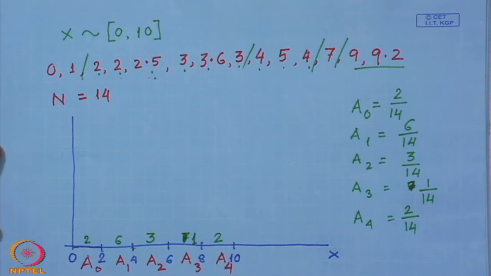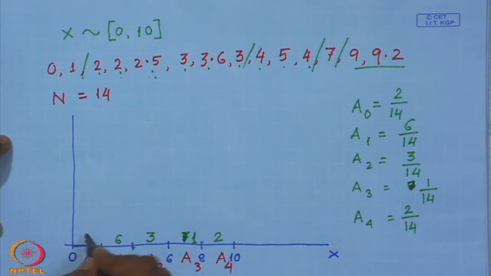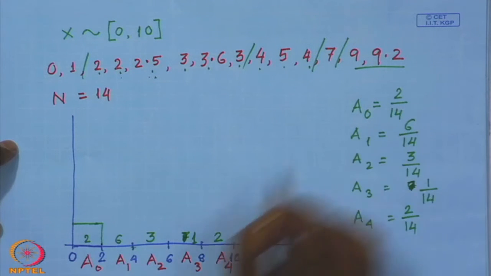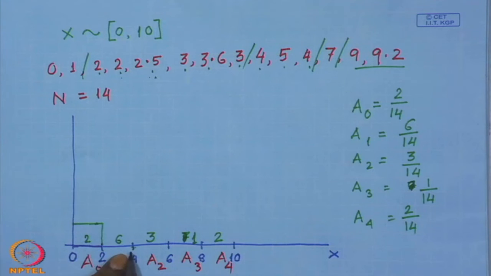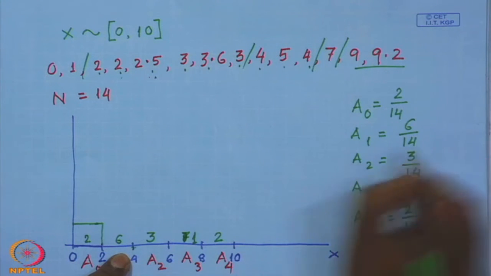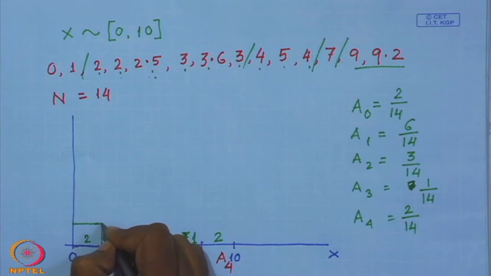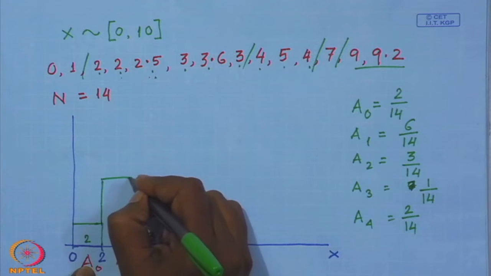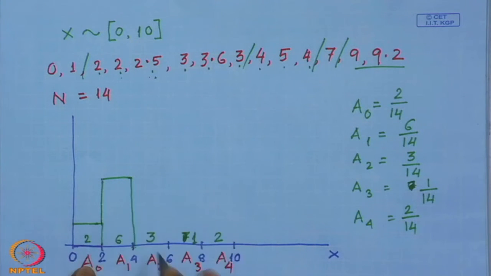So, if I compute this, A 0 gives my H 0, which is 2 by 14 into 2, that is 1 by 14. Similarly, this will be 6 by 14 into 2, the probability estimate of this. So, I will get a value of this form.